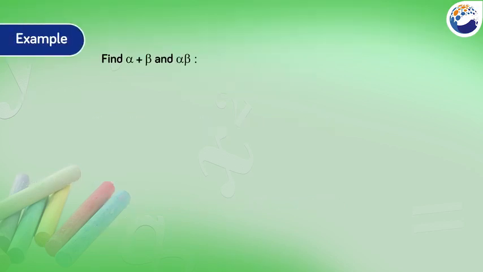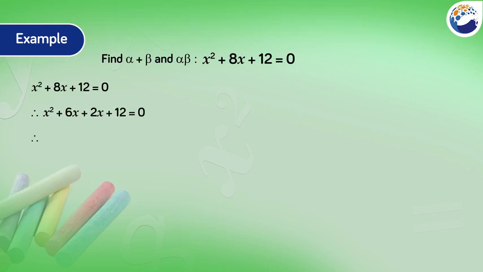Let us consider an example. x square plus 8x plus 12 is equal to 0. Middle term 8x splitting into 6x and 2x, taking x common from x square plus 6x and 2 common from 2x plus 12. Taking x plus 6 common, we get x plus 2 into x plus 6 is equal to 0.